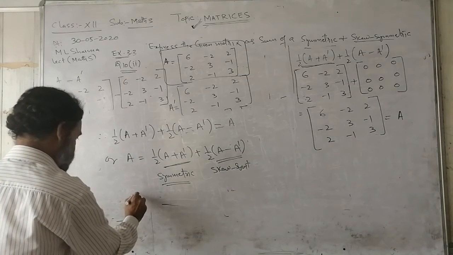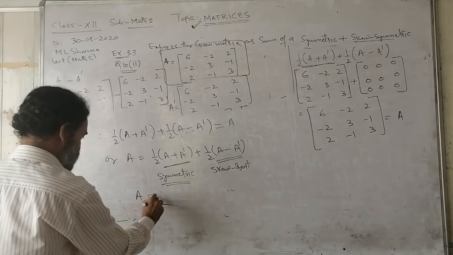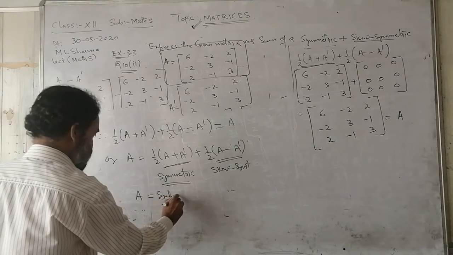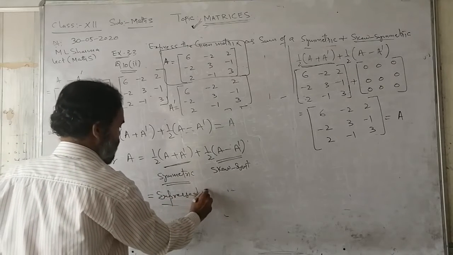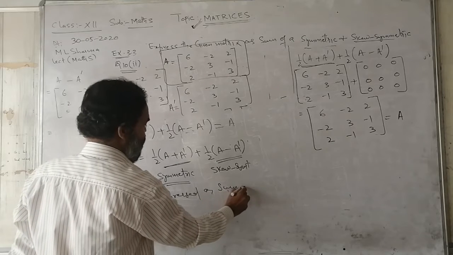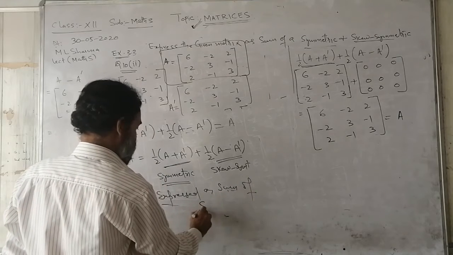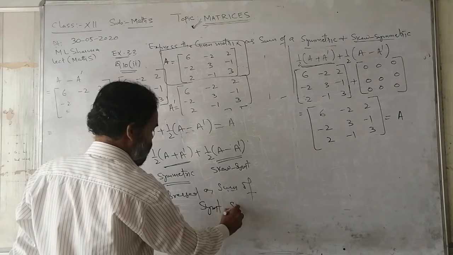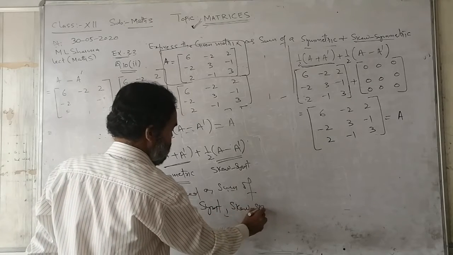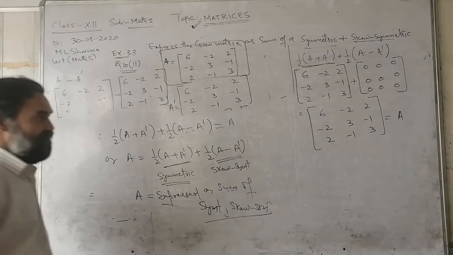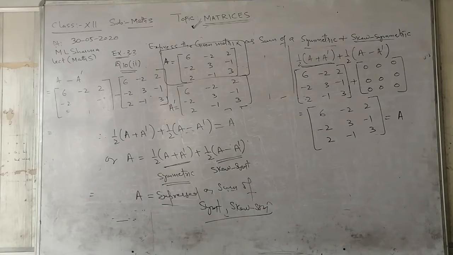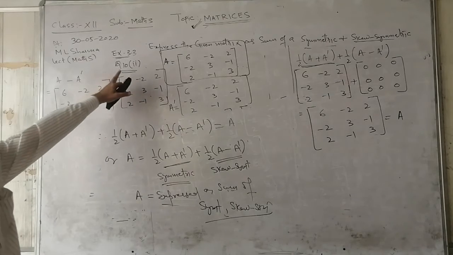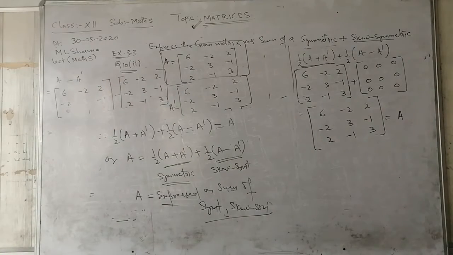So that means matrix A can be expressed as sum of symmetric and skew symmetric. In this way this question was to be solved. This was the first part of the 10th question of your exercise 3.3.